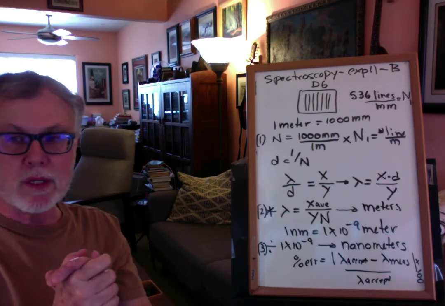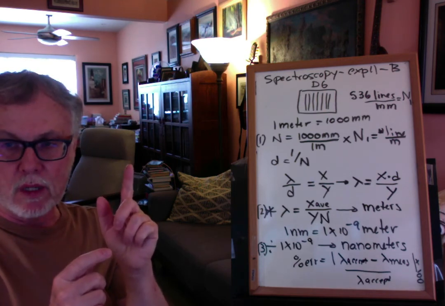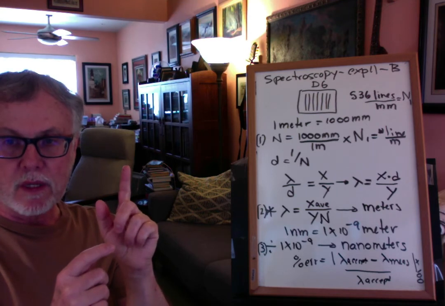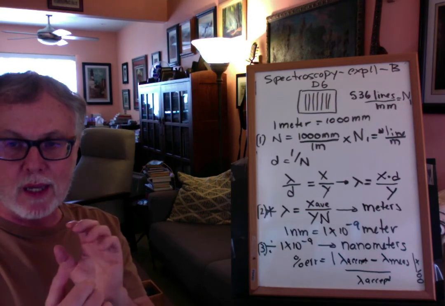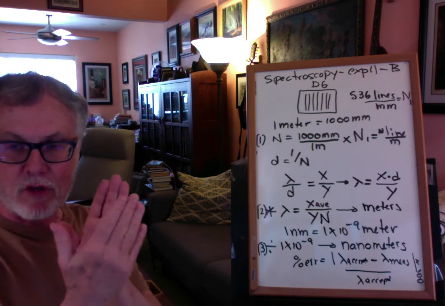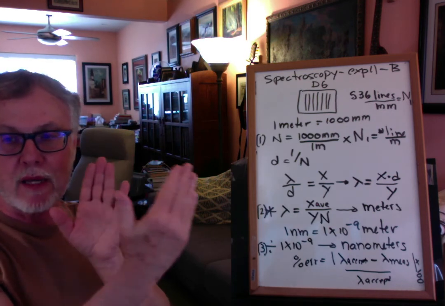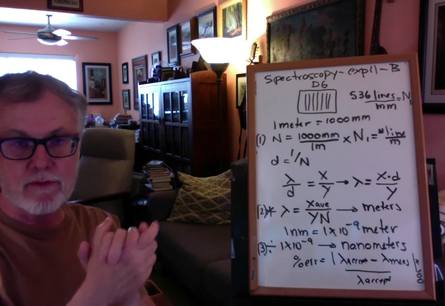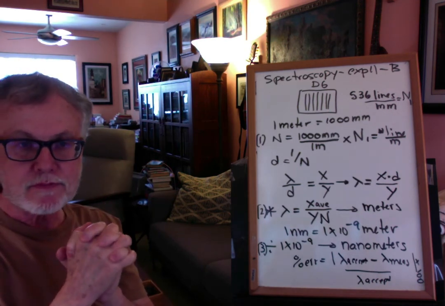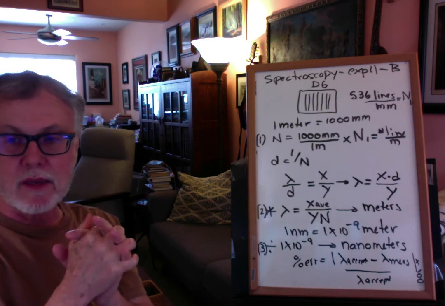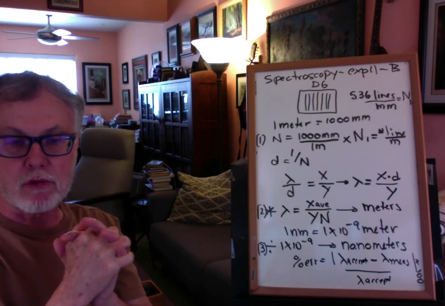The reason why we take 2 values of X is that everything's not real precise, so by taking the average of 2 values of that X direction that we measure for each spectral line, we can decrease the error. So it gives us a little bit better experimental result.